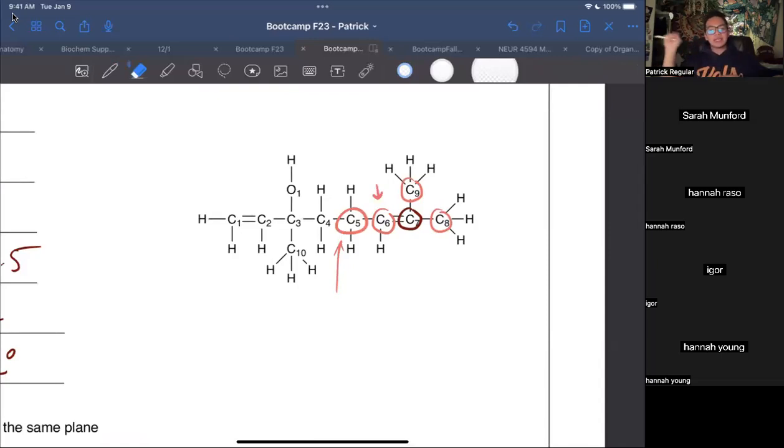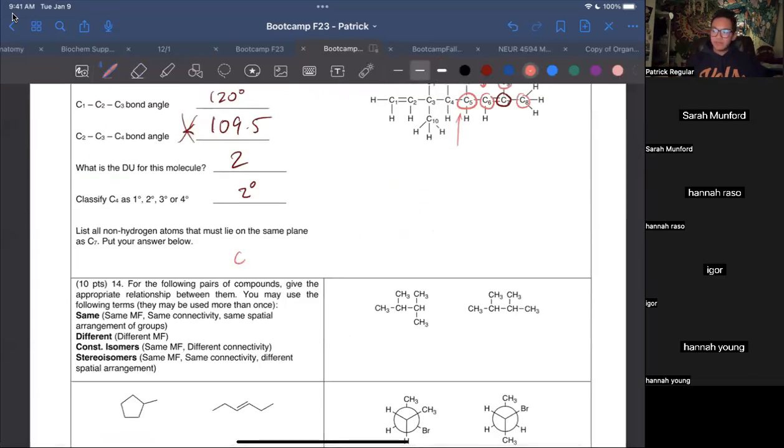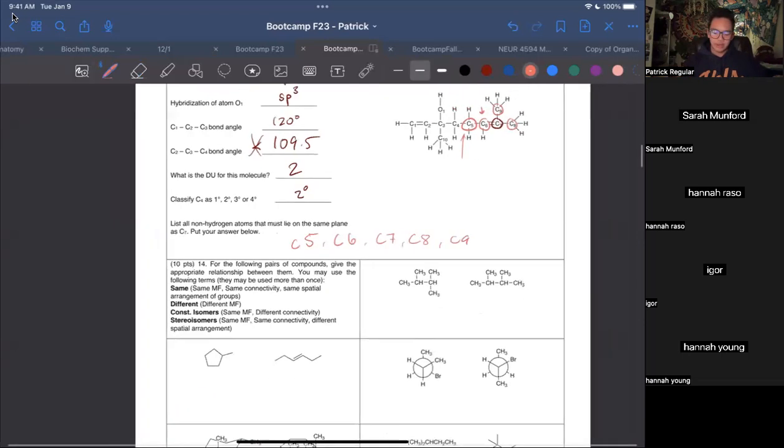So the atom that's connected to C6 is still on the same plane because C6 is planar, but C5, tetrahedral, everything's attached to a different plane. So it would be C5, C6, C7, C8, C9. There you go.